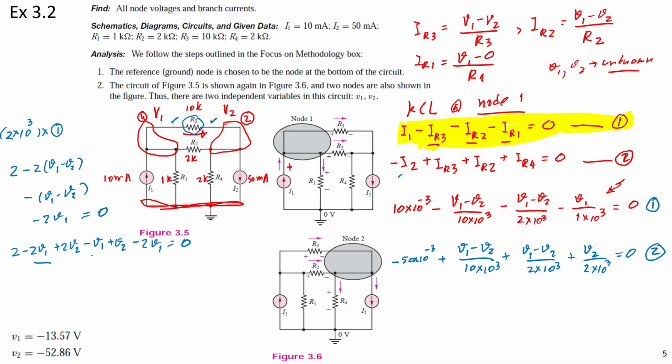We have V1 here, V1 here, V1 here. So minus 5V1 plus 3V2 equal to minus 2, for example. So we can rearrange the equation into a simple one. Similarly for equation 2, and we solve two equations with two unknowns. Okay, we get V1 and V2.